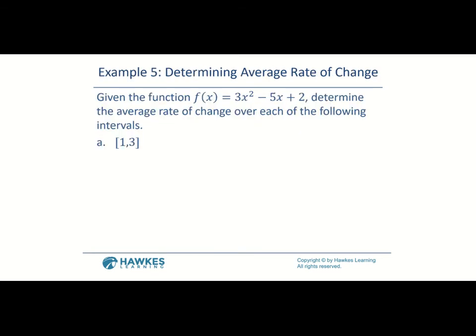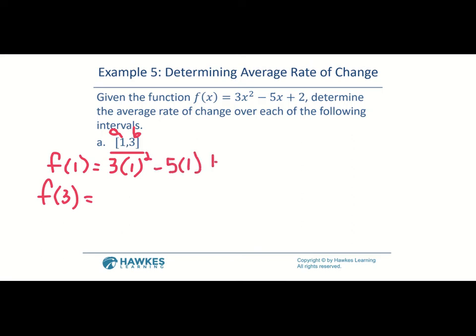All right, so the first thing we are going to do is find the average rate of change for the interval [1, 3]. That means 1 is going to be our first value, that's A, and 3 is B. So we need to first evaluate our function at 1 and at 3. f of 1 would be 3 times 1 squared minus 5 times 1 plus 2.